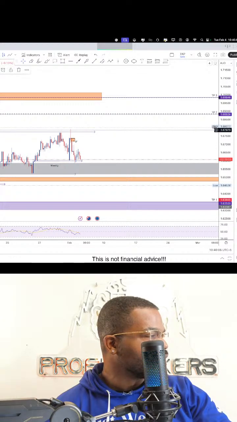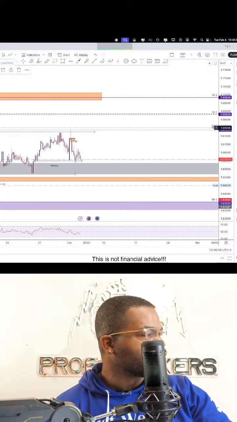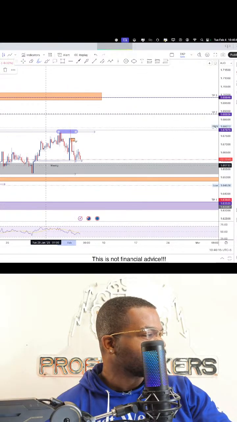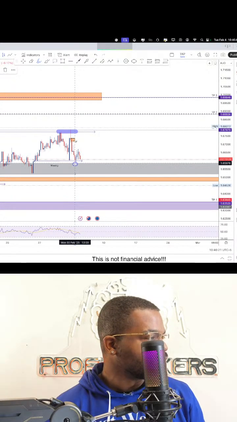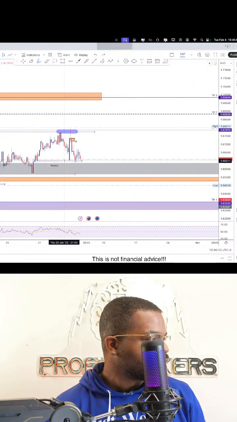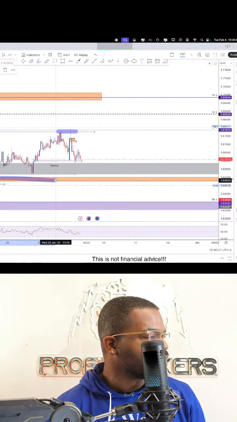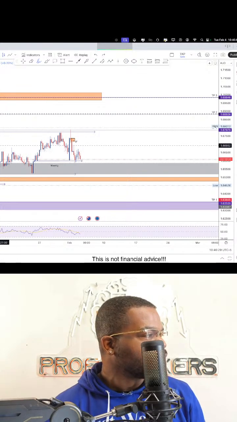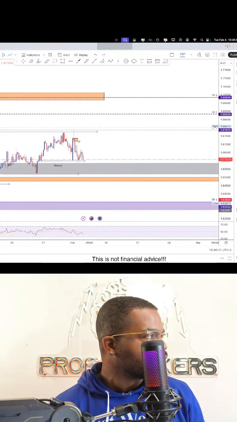It actually broke above a little, but it did not break this previous high. So we still technically have price creating lower highs. It also created a lower low right here on the 3rd. So if price breaks this low again, there's a good chance we can see these lows being broken as well.